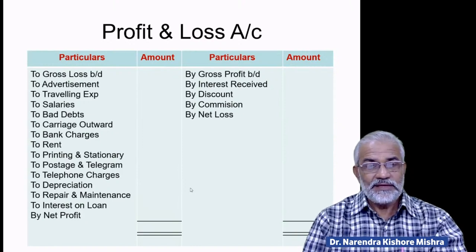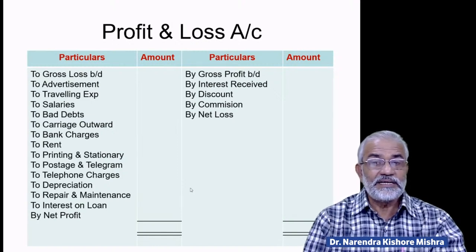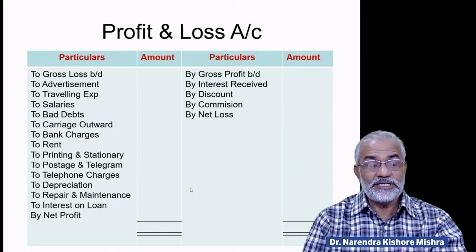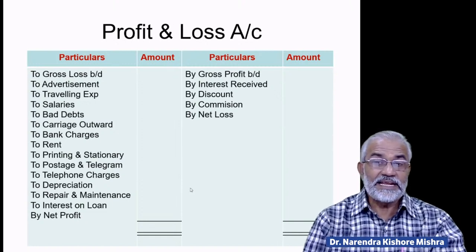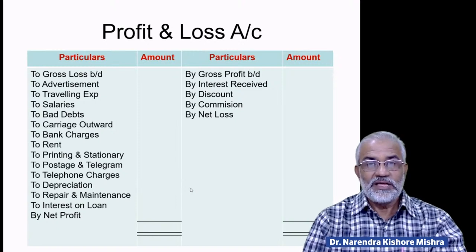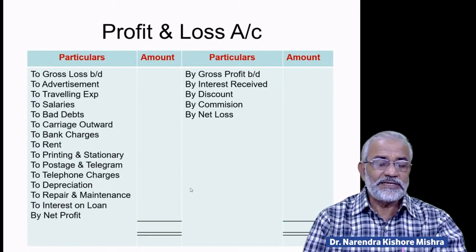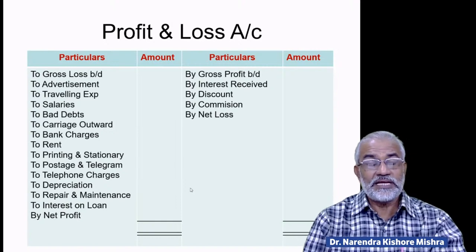If we take the gross profit into consideration, the first entry would be trading account debited to gross profit account, and the second entry would be gross profit account debited to profit and loss account. So gross profit is credited in the first entry and debited in the second entry, and that would be nullified, debit and credit cancelling out, and the resultant entry would be trading account debited to profit and loss account.